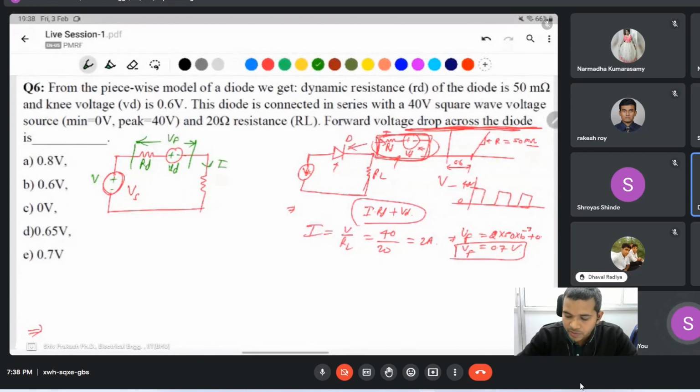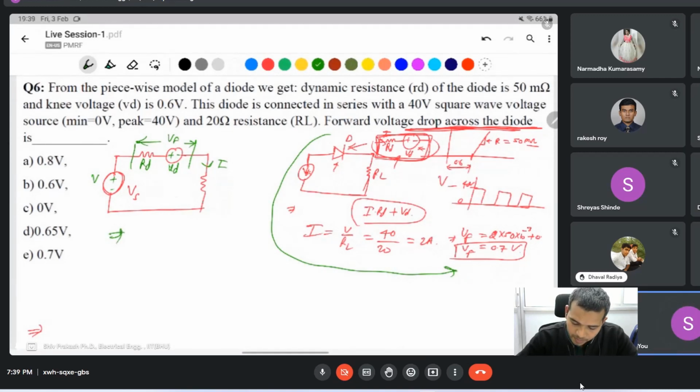I explained. I'm saying this 0.7 is approximate, not exact. If you calculate the exact value, it will come somewhere between 0.65 and 0.7. I will calculate the exact value, don't worry.